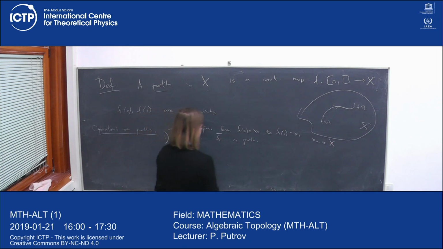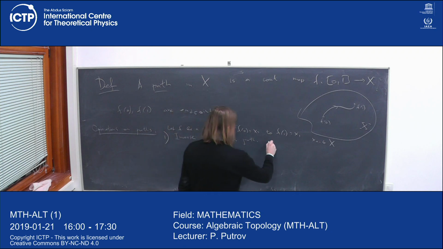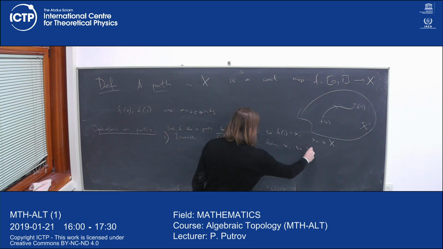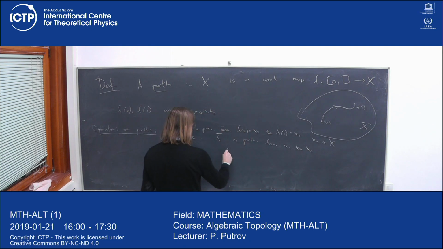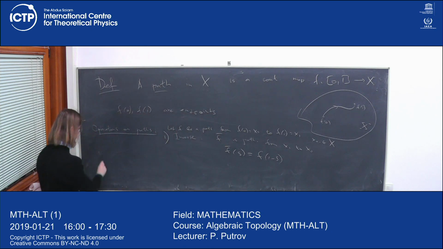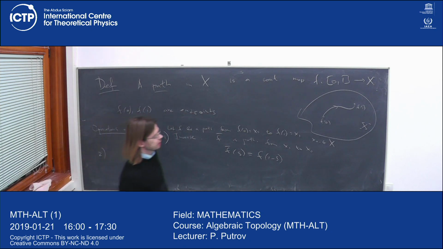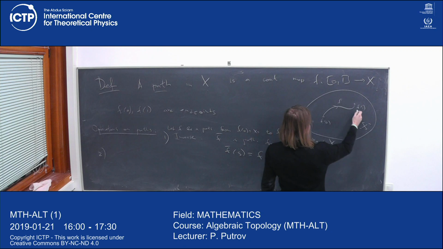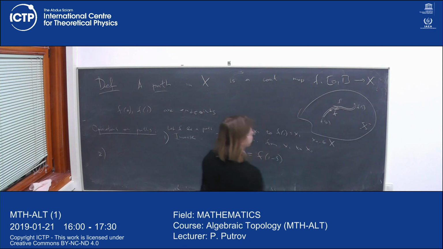Then F bar, the inverse, is a path from x1 to x0, so in the opposite direction, which is explicitly defined. Okay, we have some path F. The inverse is essentially just a path going in the opposite direction.